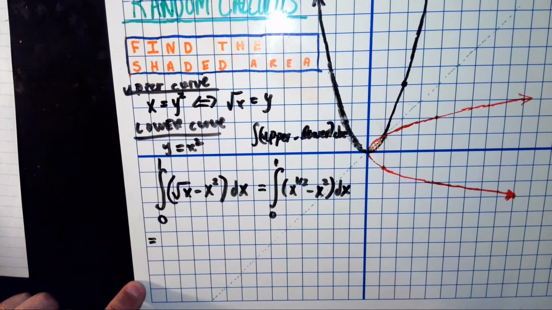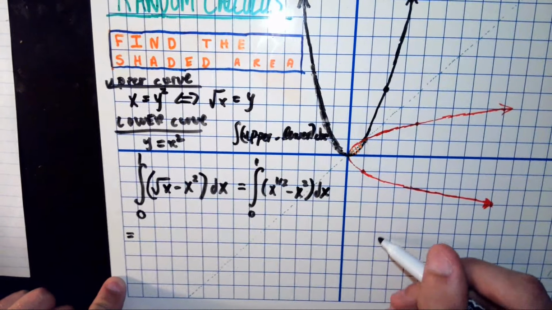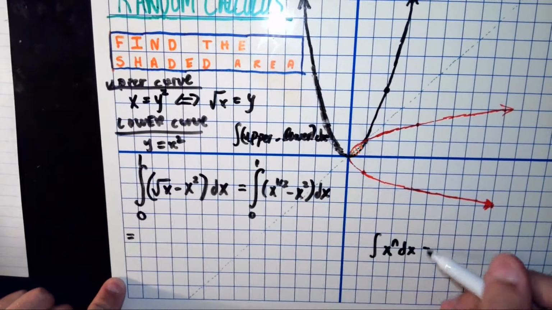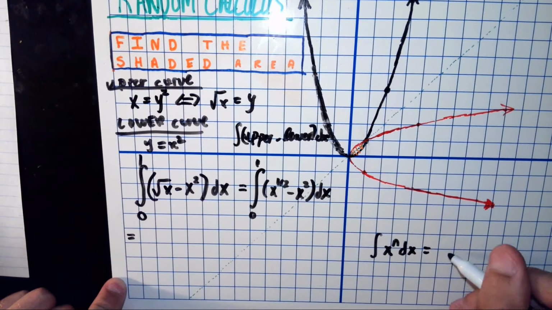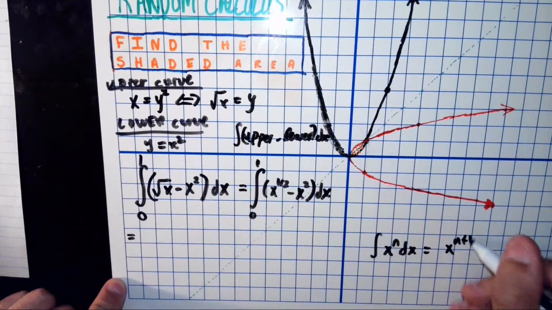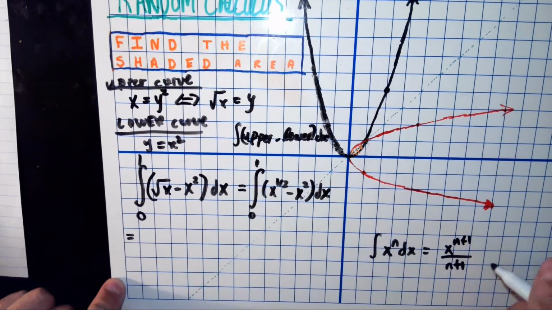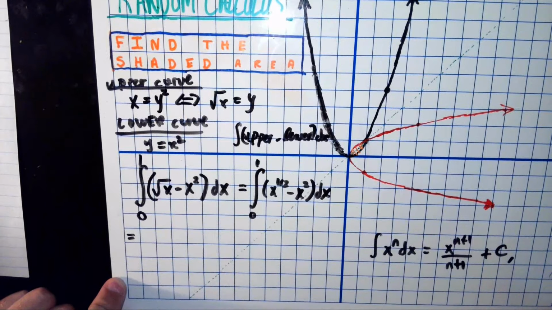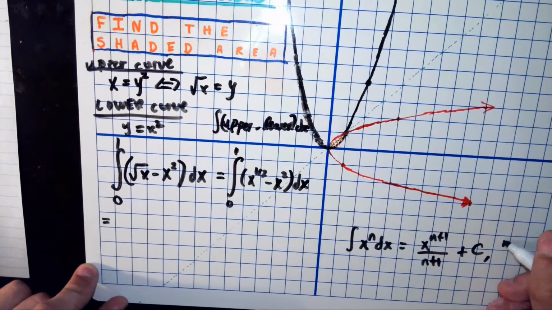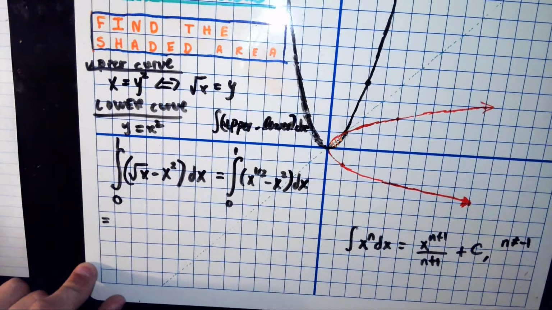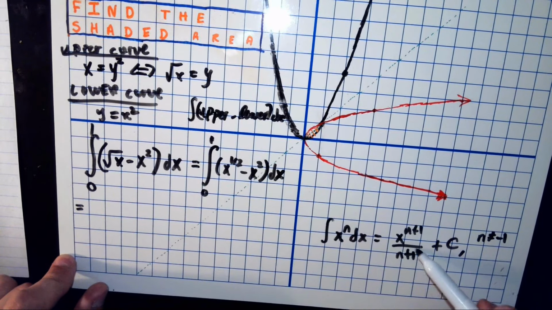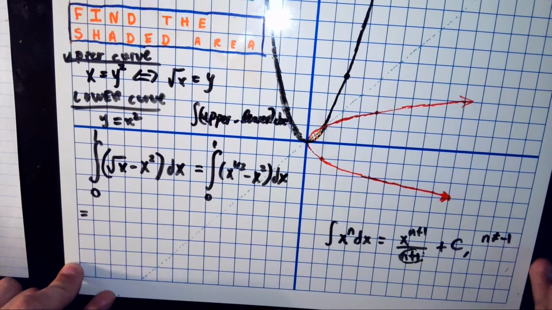So in case you forgot, the power rule says that the integral of x to the n dx is the same thing as x to the n plus 1 over n plus 1 plus c. And then, of course, this is provided that n does not equal -1, because if n did equal -1, then n plus 1 would be 0, and you'd be dividing by 0, which would of course be bad.